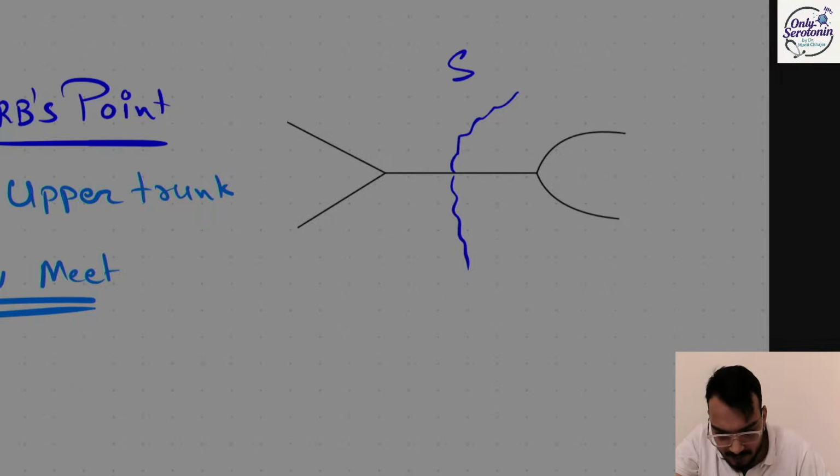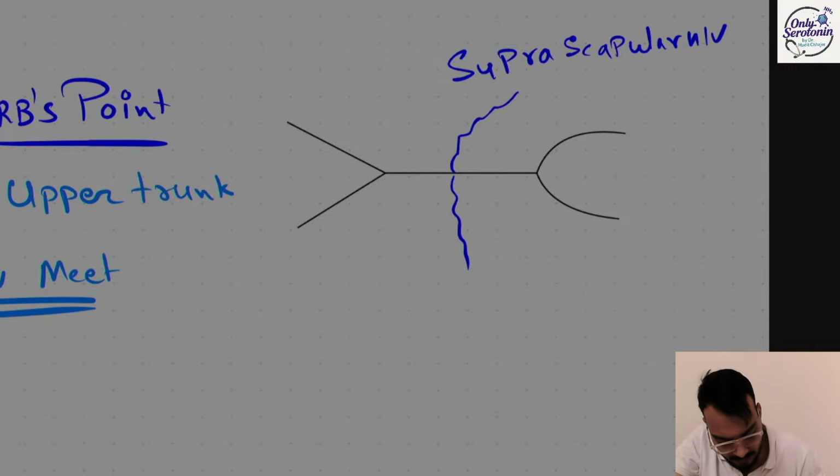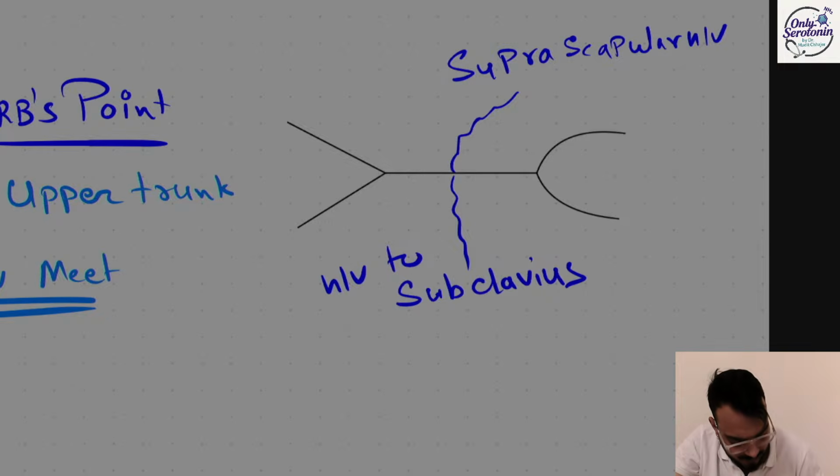So the upper one is what, guys? Upper one is suprascapular nerve, and the lower one is nerve to subclavius.